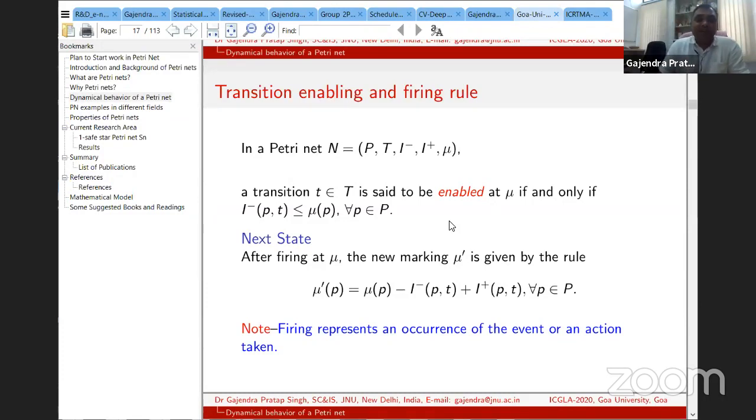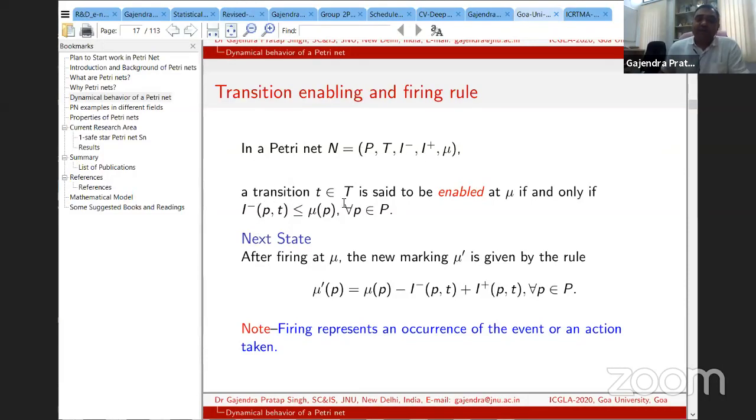Then we have a rule that is called the firing rule or dynamical rule. Sometimes we call it the transition enabling rule. So suppose N is the Petri net, the 5-tuple.